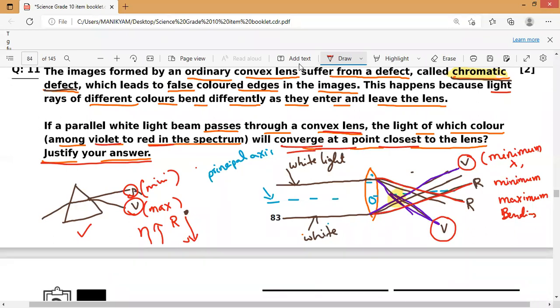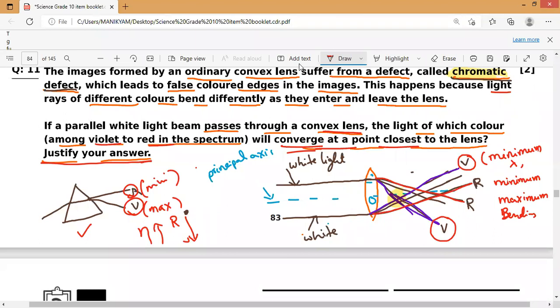Okay, so this is having the violet color light. Because if you take this one, refractive index is maximum for violet light only for this glass. So that is what you have to remember, because of minimum speed. Okay, make it everyone. Write the answer. First justify your answer. One reason is because it will bend the most after refraction.